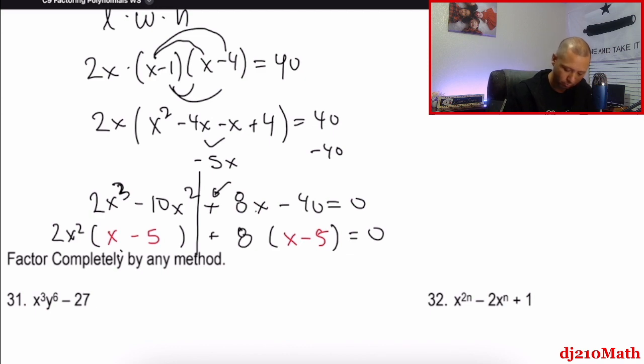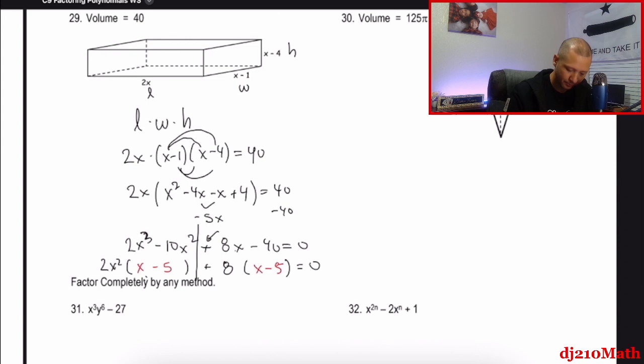So, putting it all together, we have x minus 5. Then the leftover pieces, 2x squared plus 8 is equal to 0.